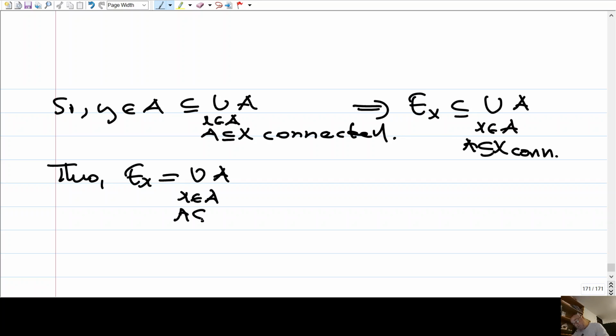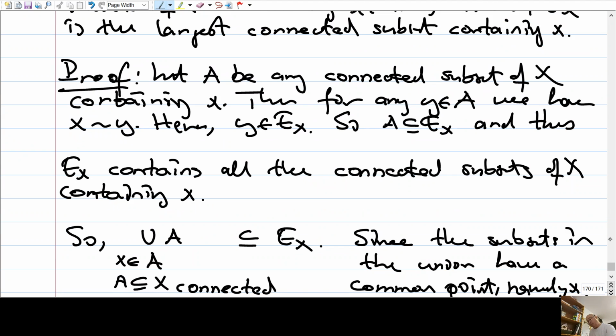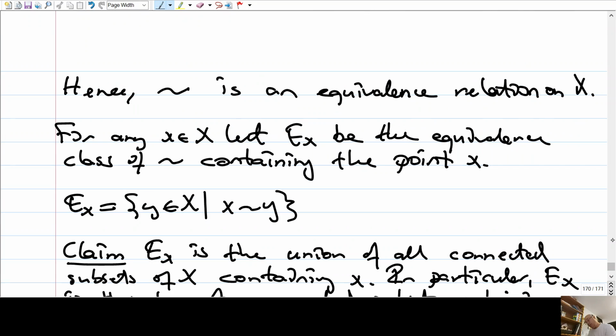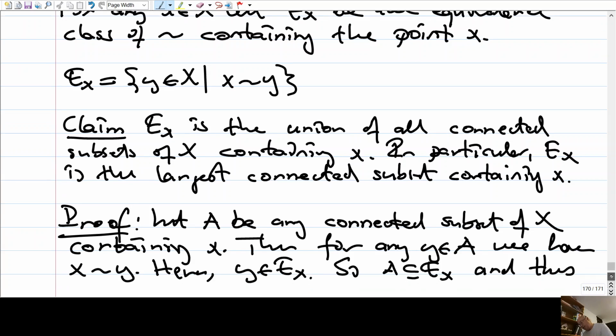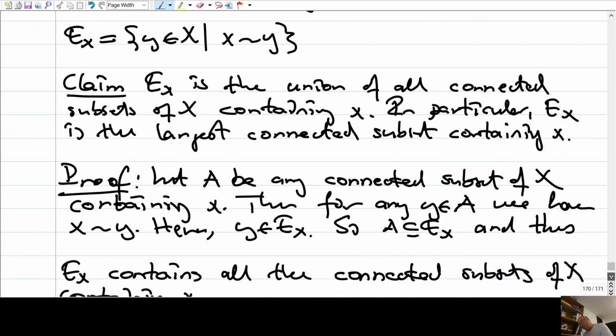It is the union of all connected subsets containing X. So we proved that EX is the union of all connected subsets of X containing X. In particular, EX is the largest connected set containing X. Okay, we proved this.